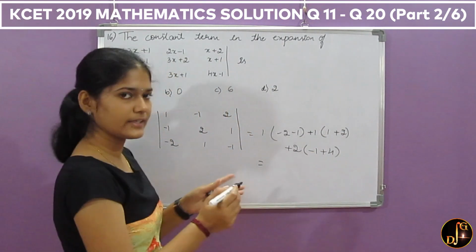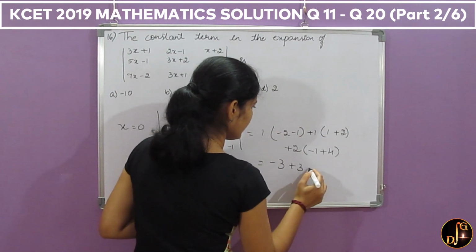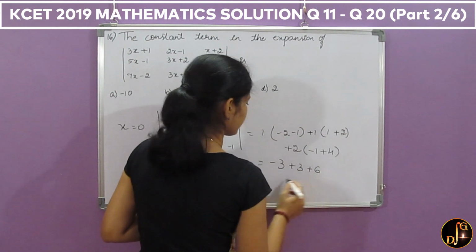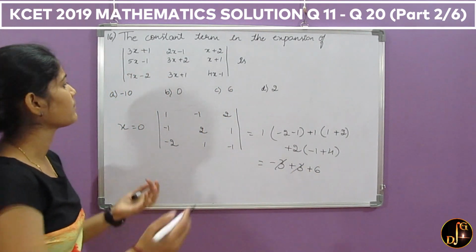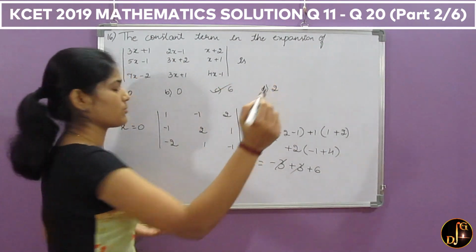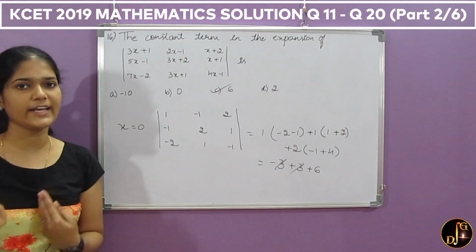So this is the determinant. Let's simplify this. That is minus 3 plus 6. Minus 3 plus 3 get cancelled. So the answer is 6. So the correct answer is option C. Right? Now let's move on to the next problem.